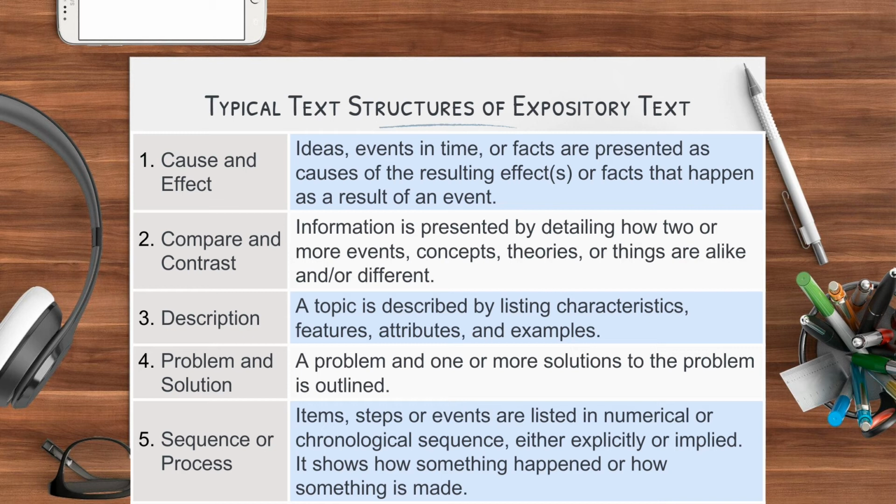Chronological means the way they happened, in the sequence that they happened. Either explicitly or implied, it shows how something happened or how something is made. If it is a process, it will talk about how something is made or how something happens. Or if it is events, then it shows how something happened in the past, like an historical text.